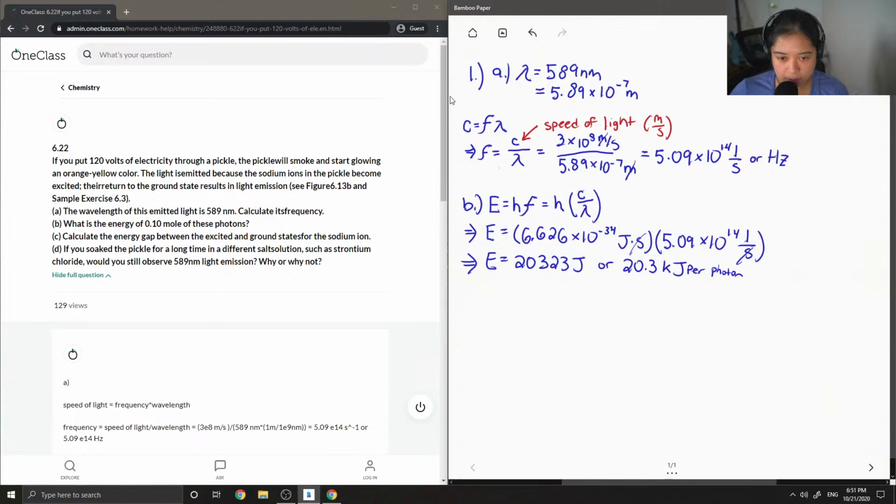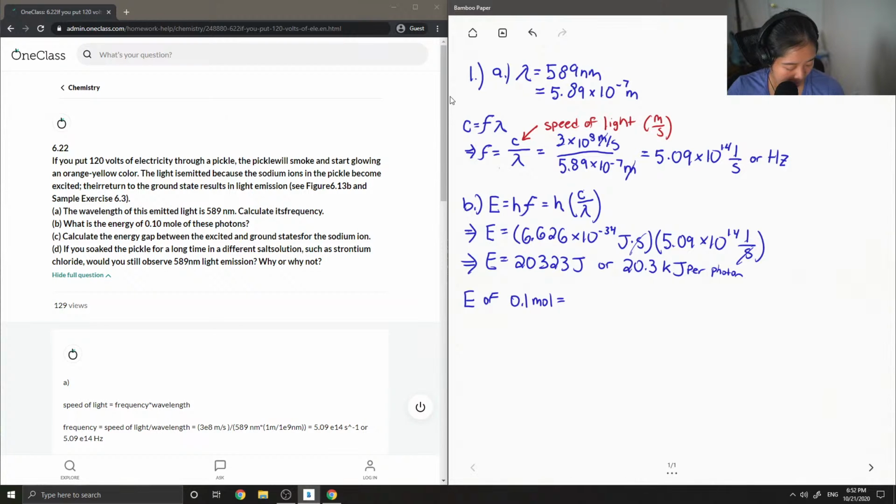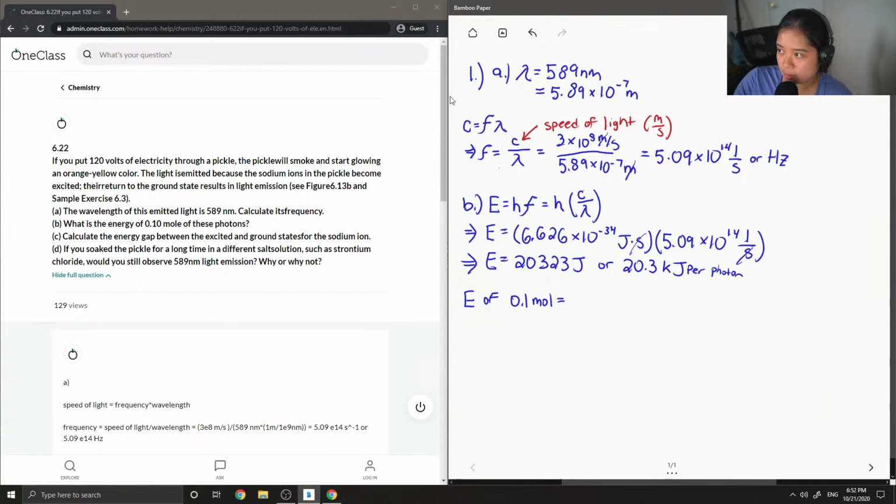The question asks, what is the energy of 0.1 mole of these photons? So all we have to do is multiply this value first by Avogadro's number and then by the number of moles. So let me just write this down. Energy of 0.1 mole is equal to, oh, sorry.